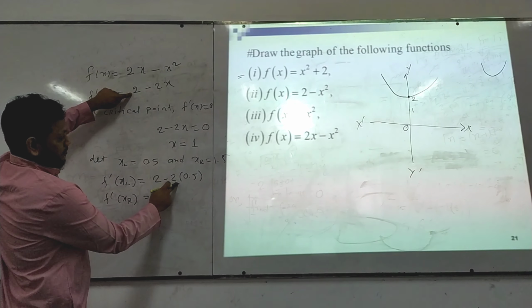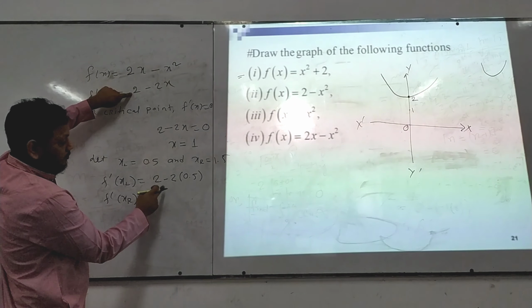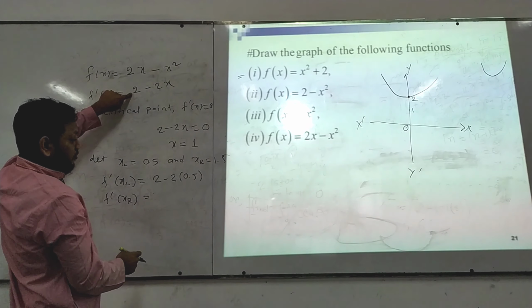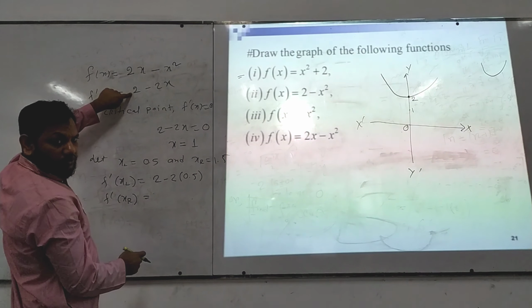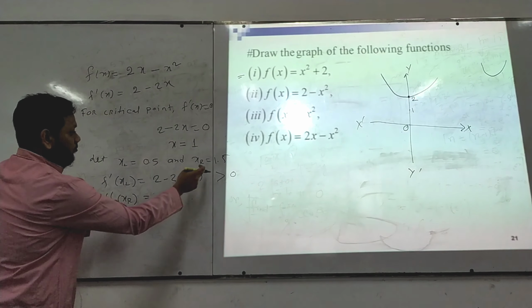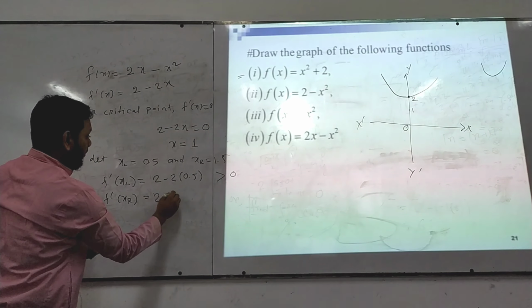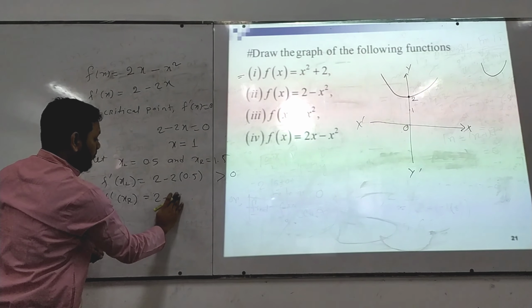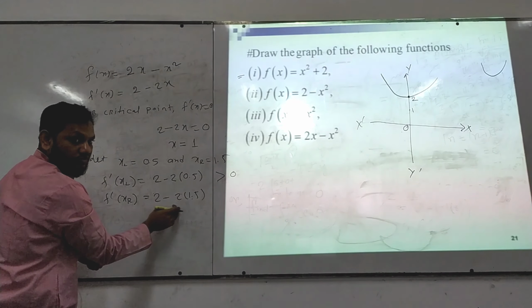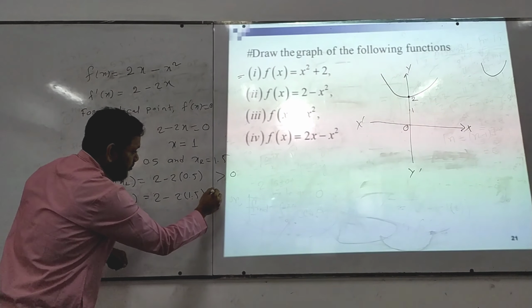It is positive. And when you put 1.5, 2 minus 2 times 1.5, this is 3, 2 minus 3 is negative.